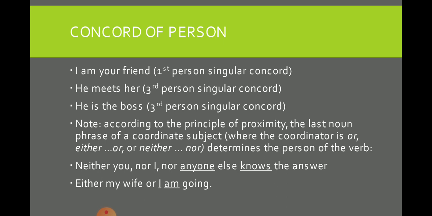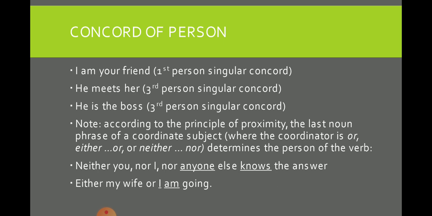In other words, why can we not say "I is"? We know that I is singular and is also singular. This is because I is a first person pronoun, and is in the present time cannot be used with the first person pronoun. That's why we use I am, not I is.